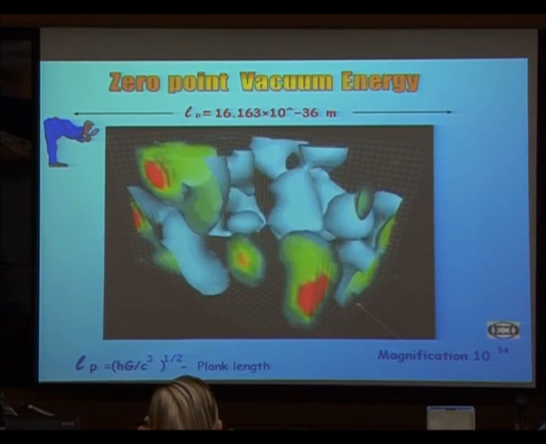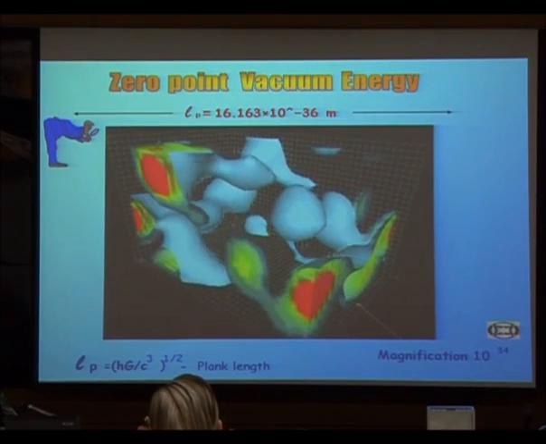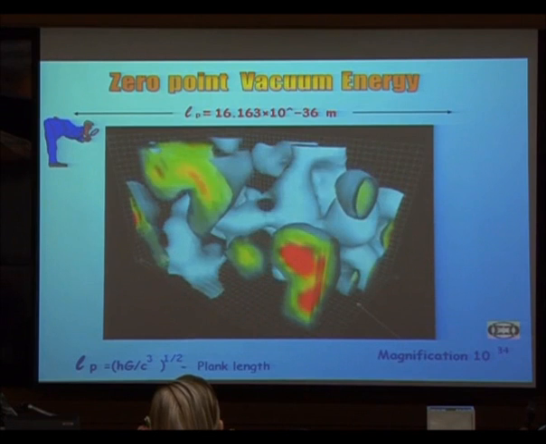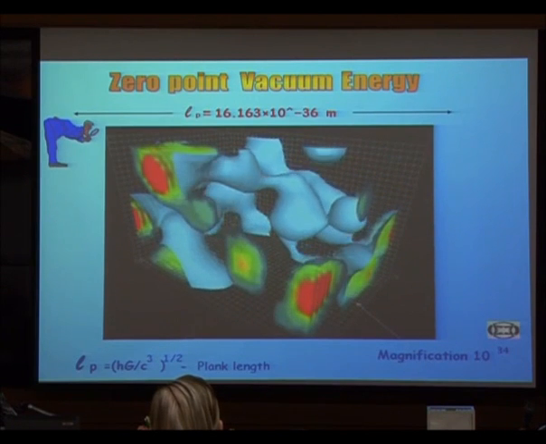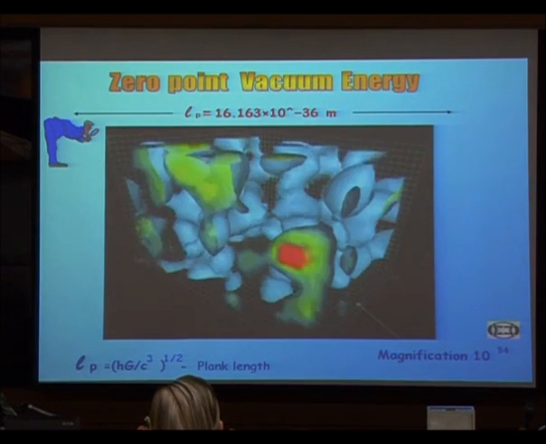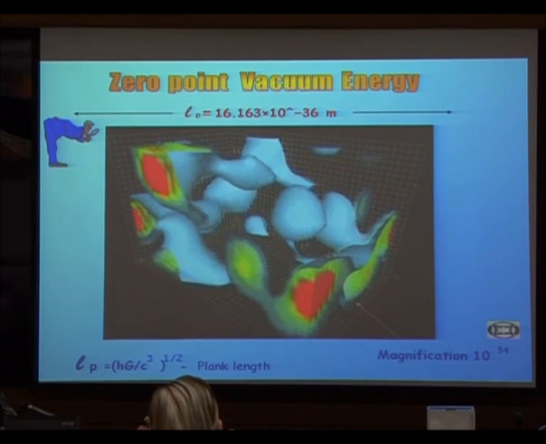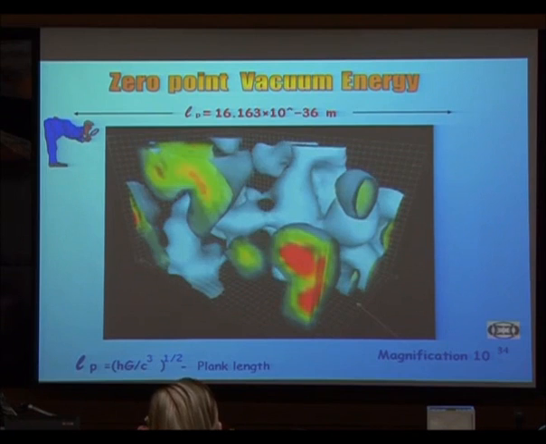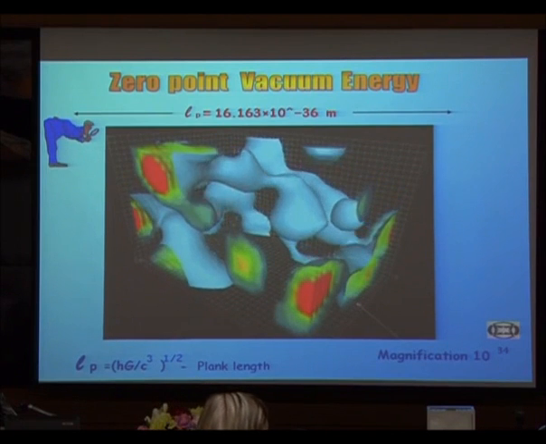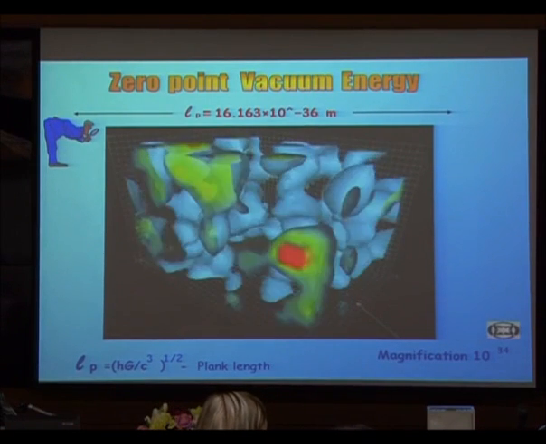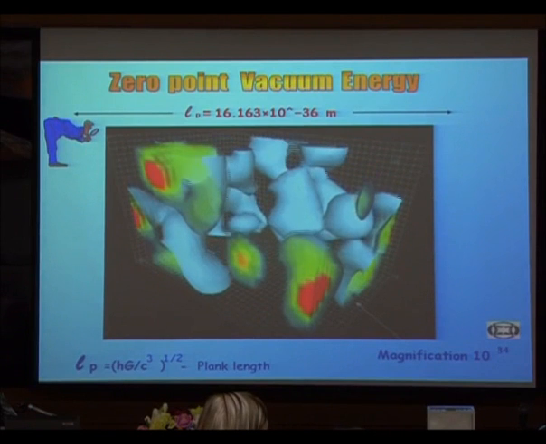From one theory, we know that the vacuum has infinite amounts of energy. The energy of vacuum, the energy of nothing, is equal to infinity. And here is a representation of the zero-point vacuum energy.